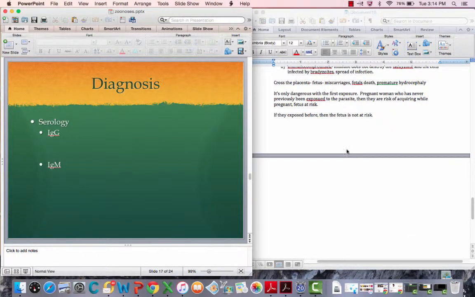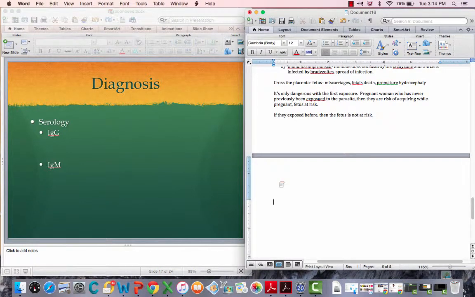The actual diagnosis is done by serology, which we talked about earlier. In this case, you're looking for particular antibodies, specifically what's called IgG and IgM. The IgG antibody represents chronic infection or previous exposure.